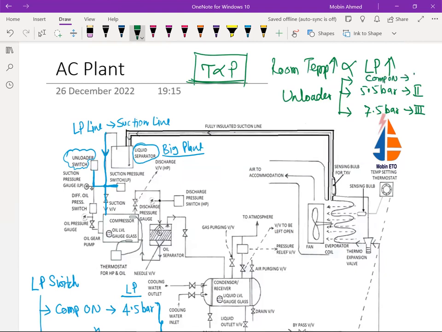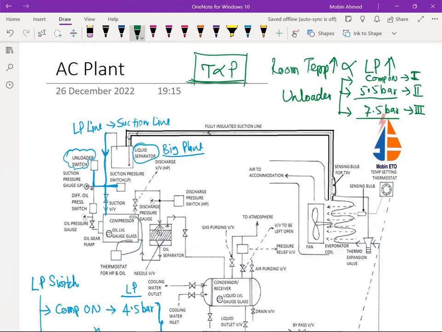By default it will always be on, so there is generally no unloader for compressor number 1. It is directly on when the compressor is on, and the rest all have settings, 5.5 bar and 7.5 bar.